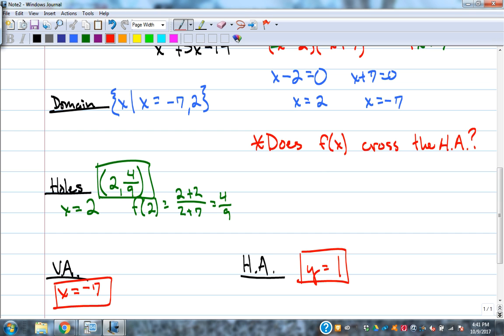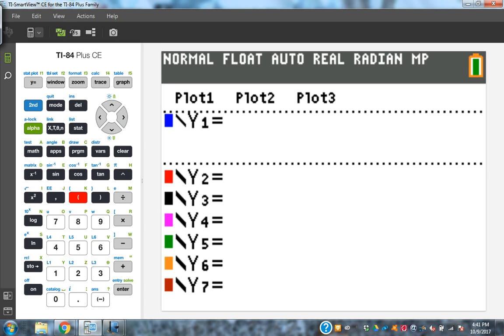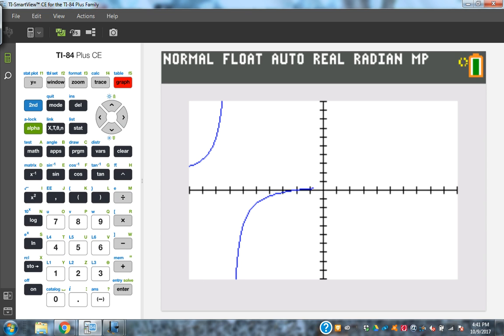Now, if we look at the graph of the original function, I'm just going to graph the original, parentheses x squared minus 4 divided by x squared plus 5x minus 14. Where's our horizontal asymptote?